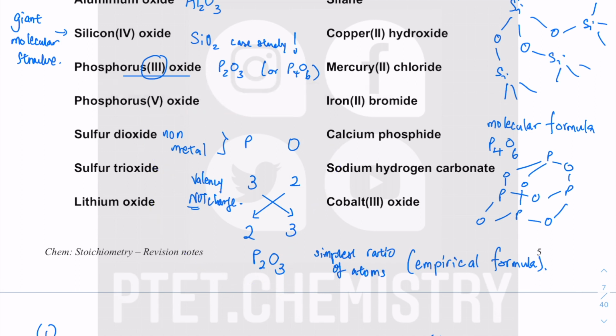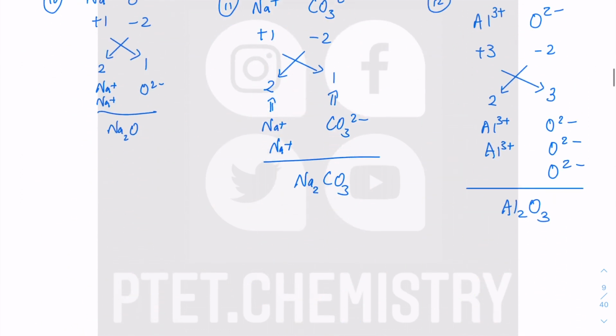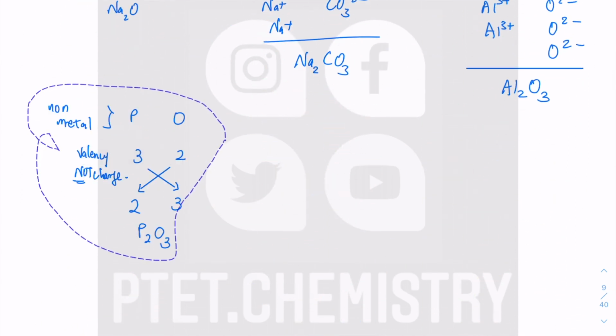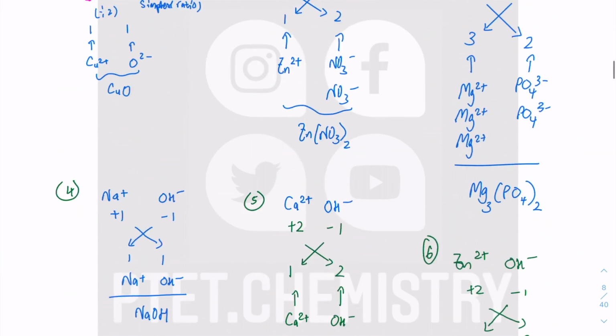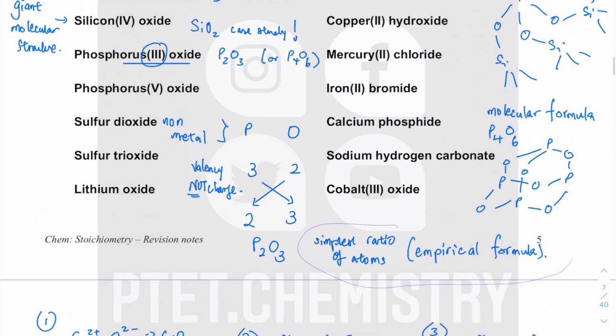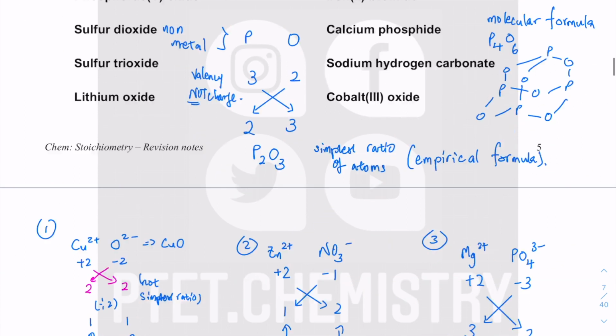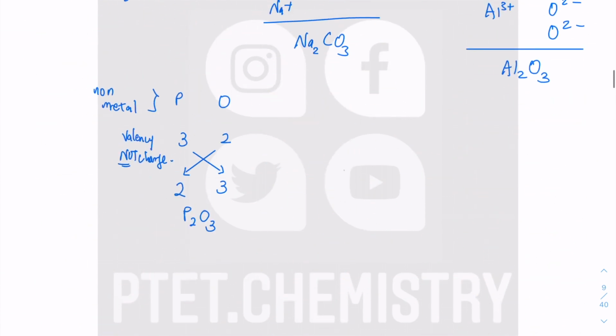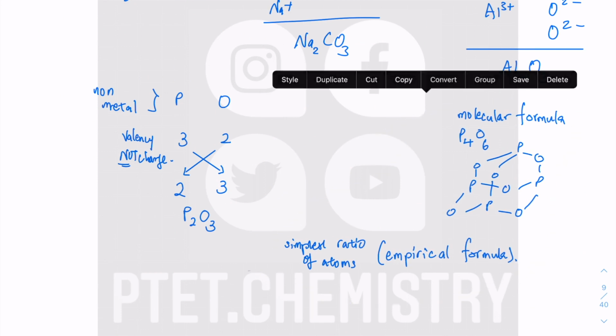I will copy that because there's something important that I will show you in a little bit. So that is phosphorus oxide, and that's the simplest ratio of atoms. I think I can maybe copy all of that. Yep. So I've done all that.